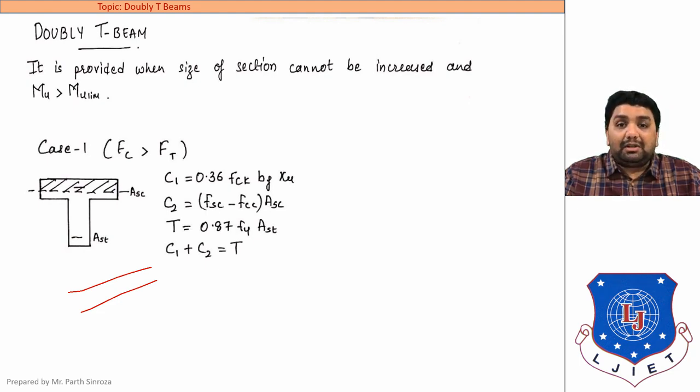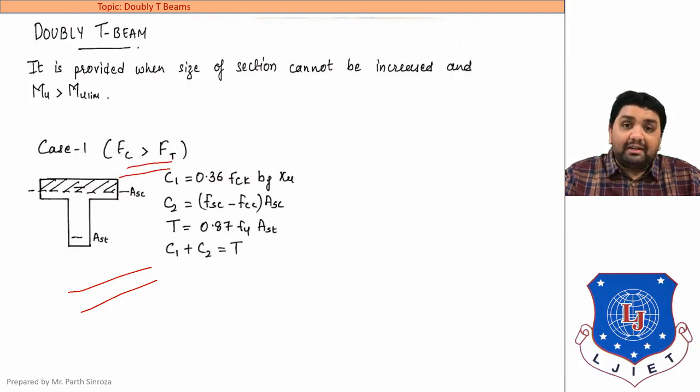But in the case of WT beams, we will be seeing only two cases, that is FC greater than FT and FC less than FT. There is nothing such as a limiting section or balanced section in WT, because if we take it as a balanced section, it will be considered as a singly T beam only.